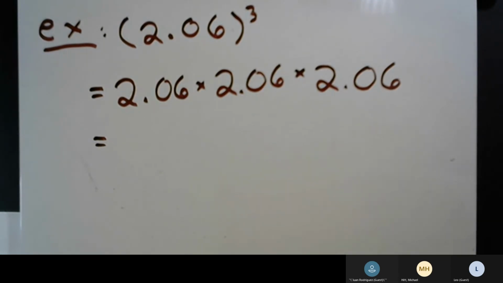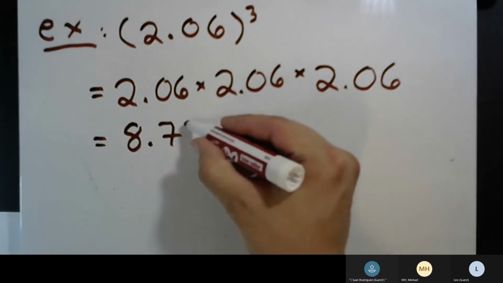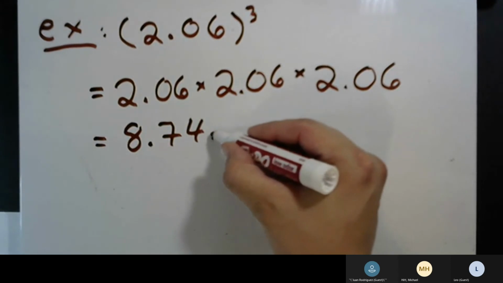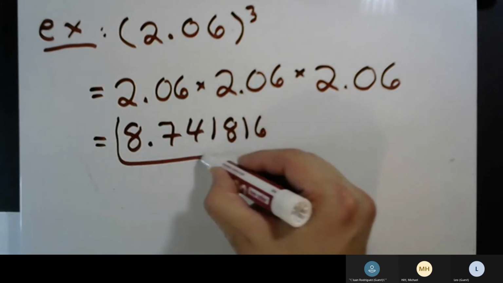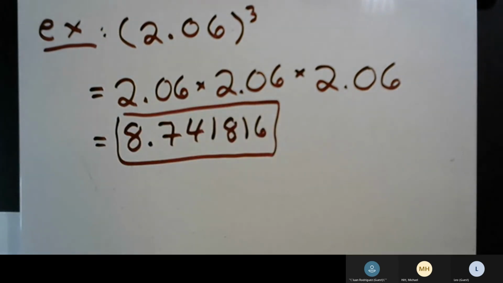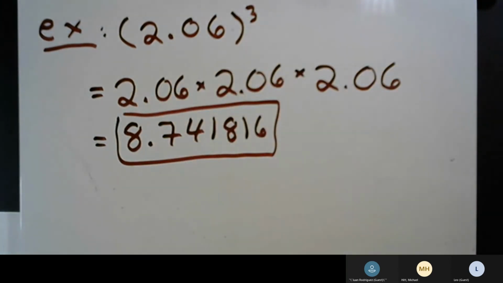If you multiply those together, we're going to get that. So any questions about that? Whole numbers, fractions, decimals, we're just going to do the same thing. This tells us how many of these we're going to multiply together.